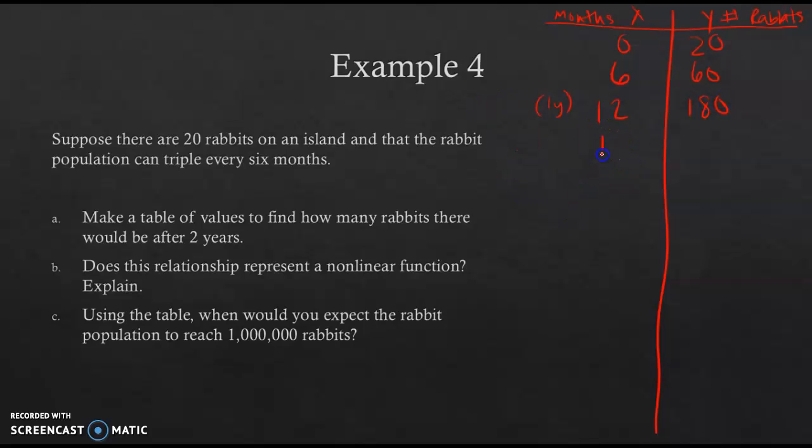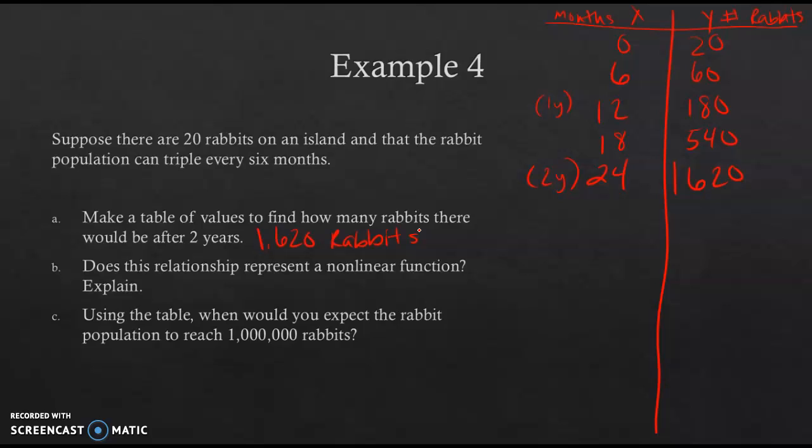Then another 6 months, we're at 24, that's 2 years, and 540 times 3 is 1620. So the answer is 1,620 rabbits after 2 years.